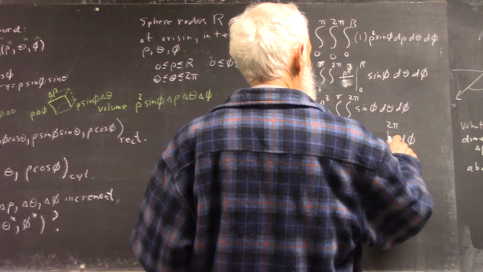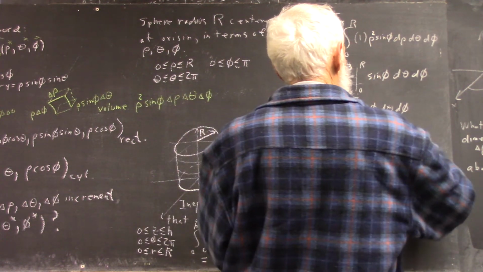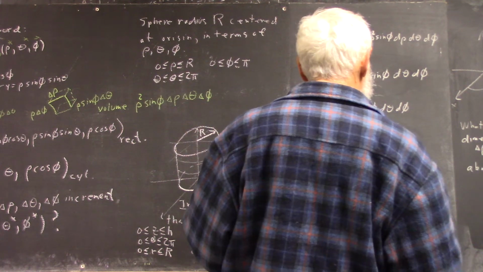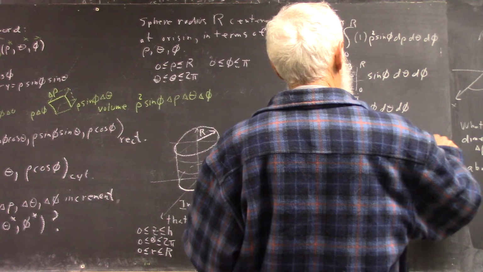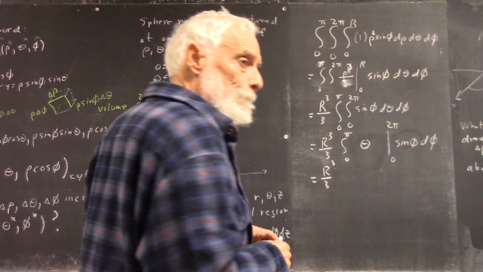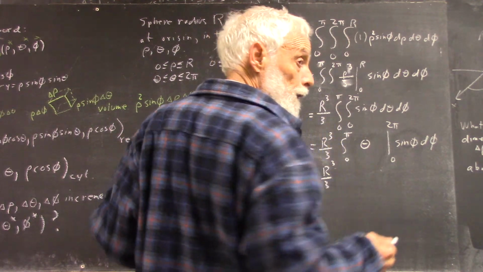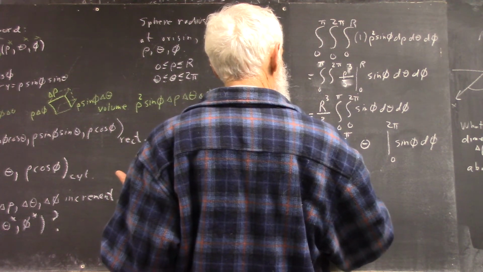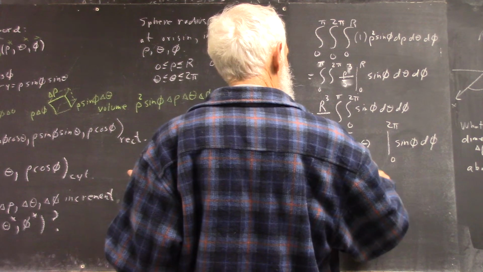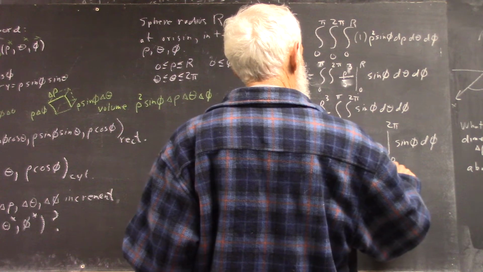So this is theta, and we'll write in the sine phi d phi, right? And clearly then you got 2 pi minus 0, which is just 2 pi. And then it's the integral from 0 to pi of sine phi d phi.